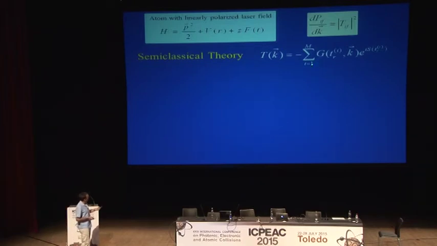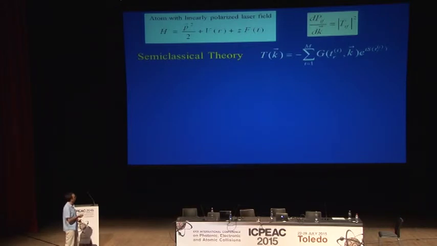And these electron trajectories are born at one ionization time t_r and with final momentum k. Each of these electron trajectories has one weight given by the ionization amplitude g and one phase given by the Volkov action S. So how can we calculate these ionization times?